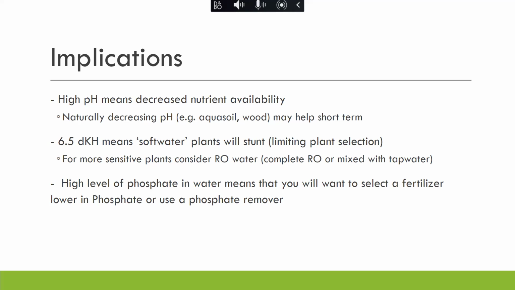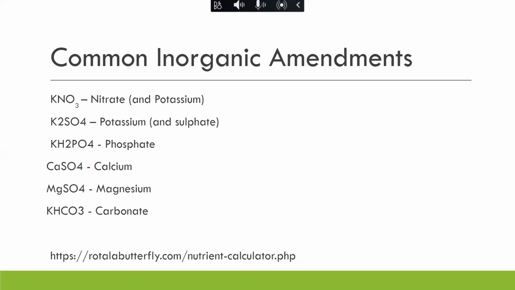And so if you do a 1-to-1, you'll end up with three and a bit, which is a much more acceptable level of KH hardness. And also that high level of phosphate in the water means you might want to select a fertilizer lower in phosphate, or maybe use a phosphate remover.